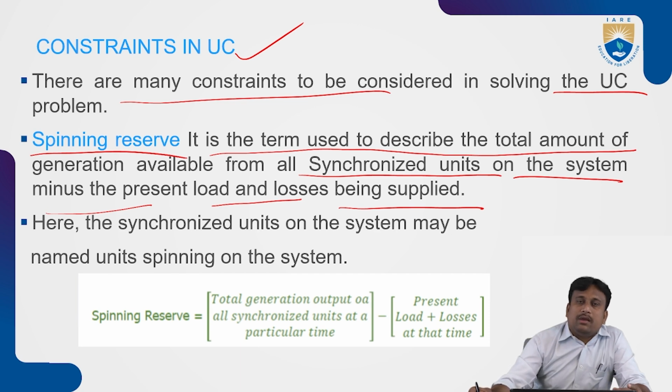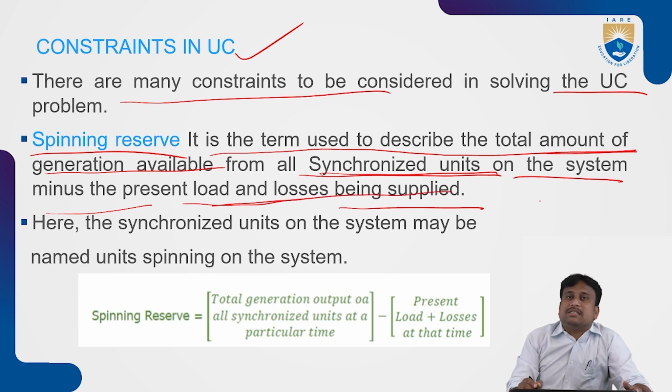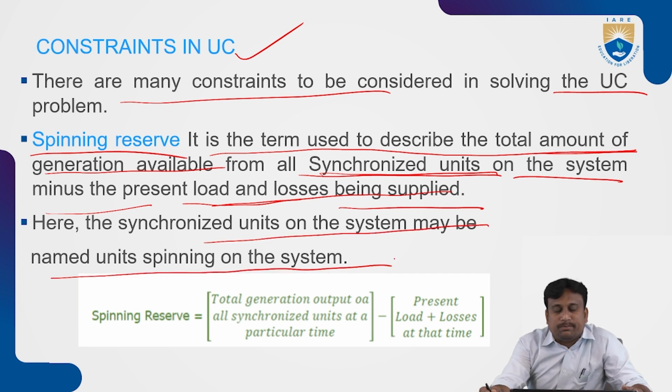So how can we calculate the spinning reserve? This describes the total amount of generation from all the synchronized units on the system minus the present load and losses being supplied. Here the synchronized units on the system may be called the units spinning on the given system.